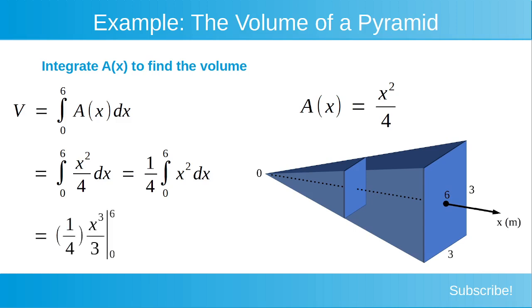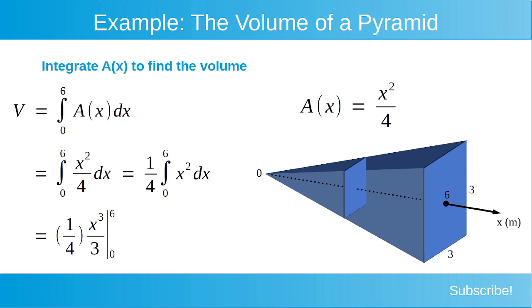Now, still keeping that 1 over 4 separate, we can evaluate that integral to be x cubed over 3 evaluated from 0 to 6. That's going to be equal to 6 cubed over 3 minus 0 cubed over 3.